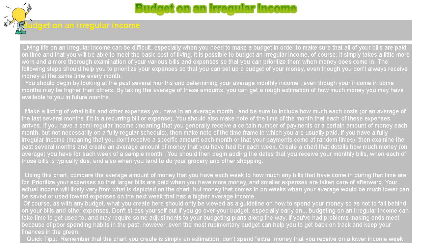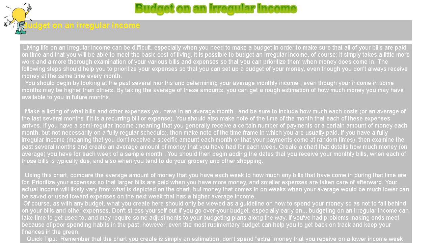Of course, as with any budget, what you create here should only be viewed as a guideline on how to spend your money so as not to fall behind on your bills and other expenses. Don't stress yourself out if you go over your budget, especially early on.